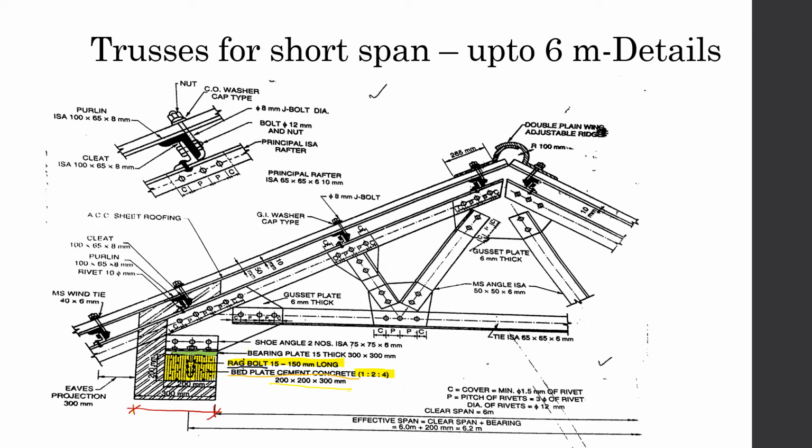Then after the bed plate, to fix the bed plate and the gusset plate, they use cleat. We have seen what cleats are required for. Now I'm going to highlight the cleat with the blue. This is the cleat which has been fixed to the bearing plate, the base plate, with bolts.